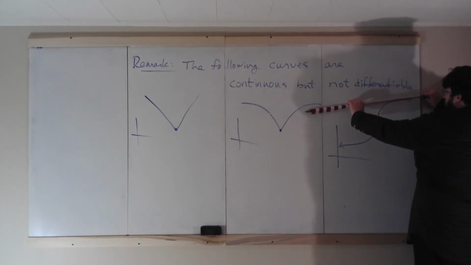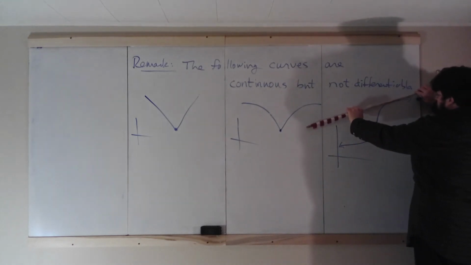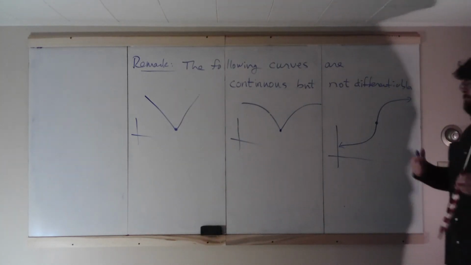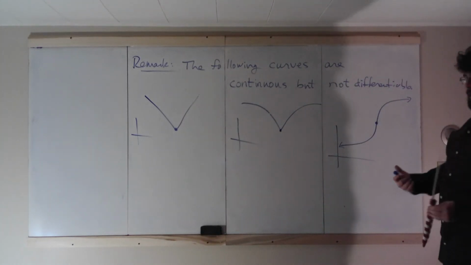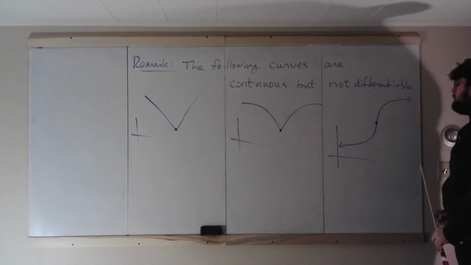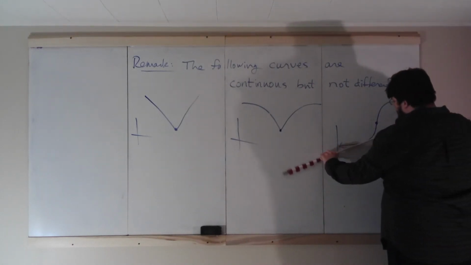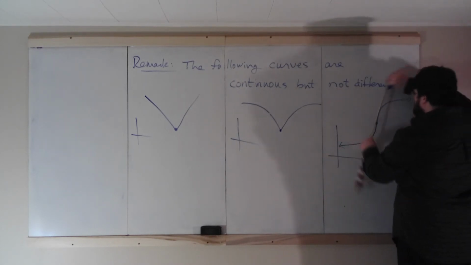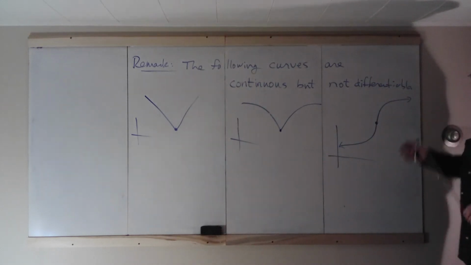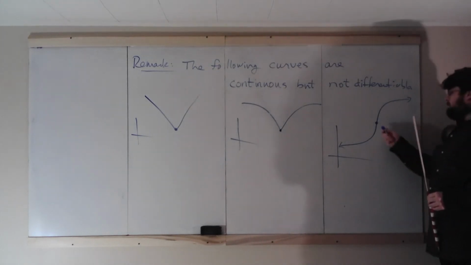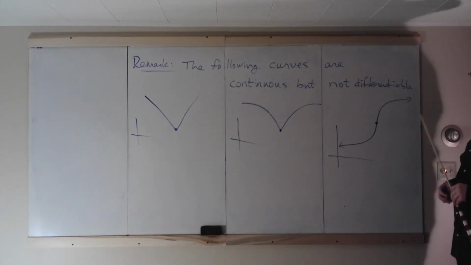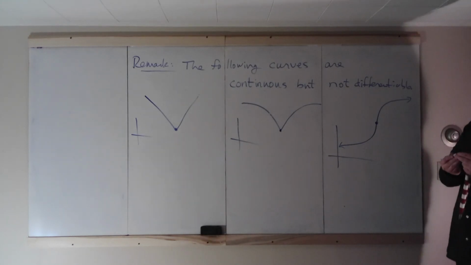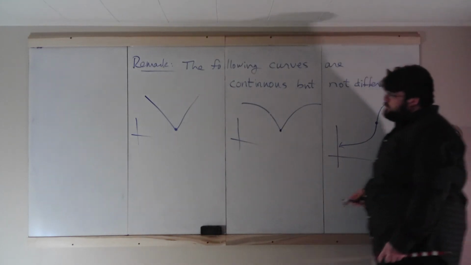Here, as we approach that point on the other side, we also have positive slopes. In math, sometimes infinity is inconvenient. And right here, this going to a positive infinity, and this going to a positive infinity, it is convenient in higher math to define something like that as non-differentiable. So for this class, we will also say that that's non-differentiable at that point.